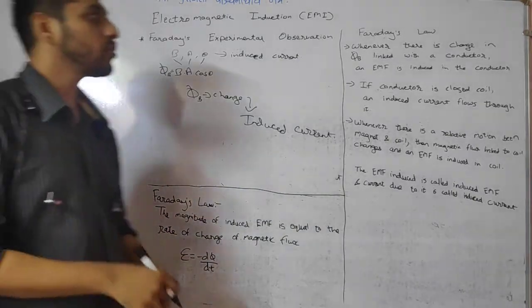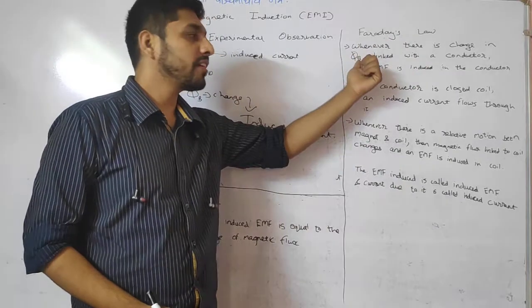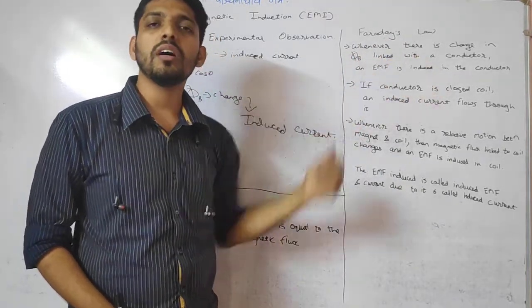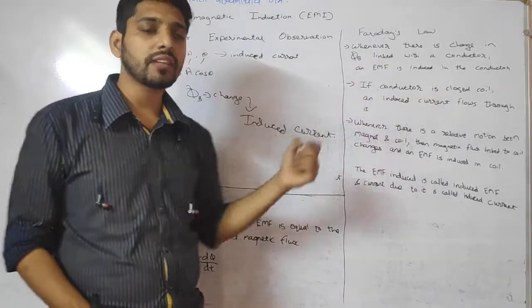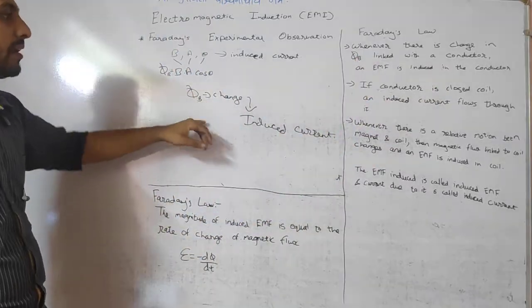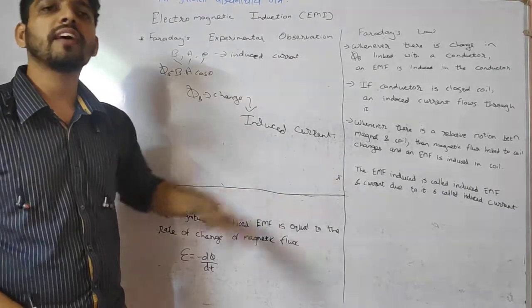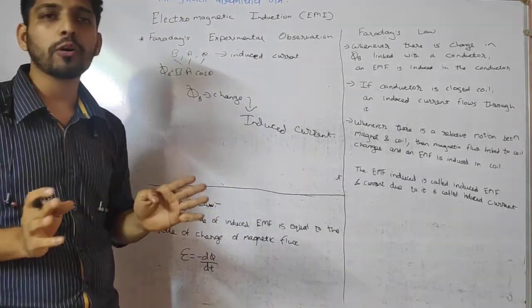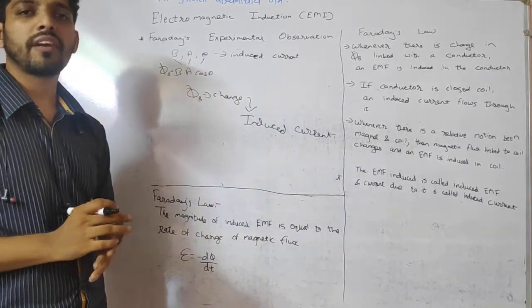So what Faraday told is, whenever there is a change in flux phi B linked with a conductor, an EMF is induced in the conductor, which means the same. When this induced current is produced, there is some induced EMF. Unless there is a potential difference, we know that no charge can travel.